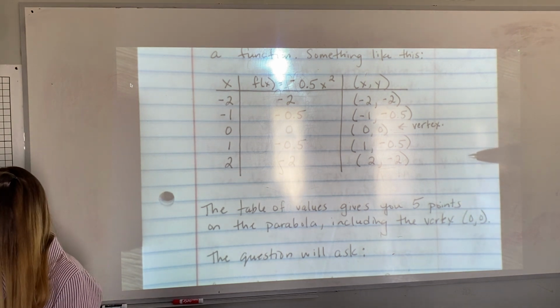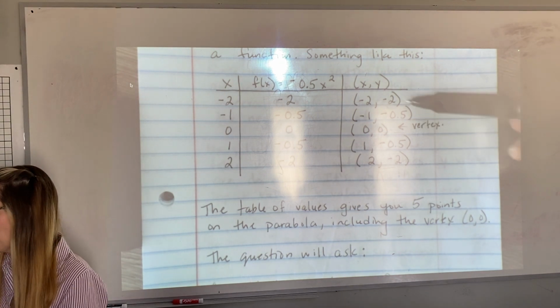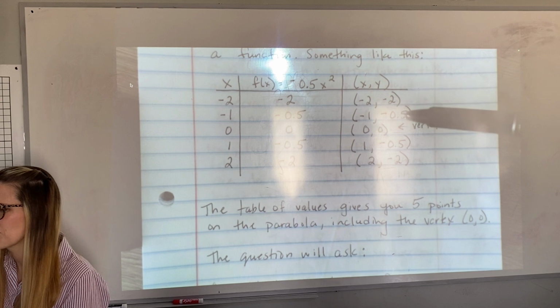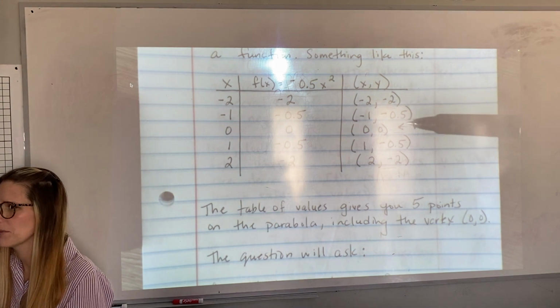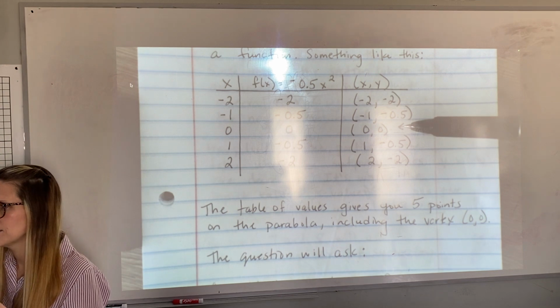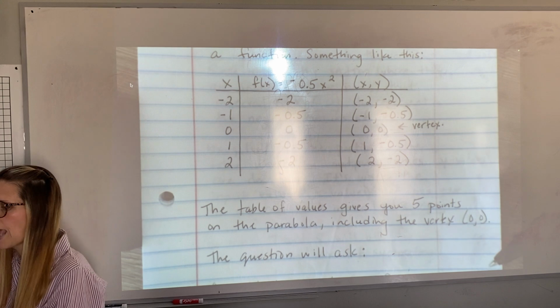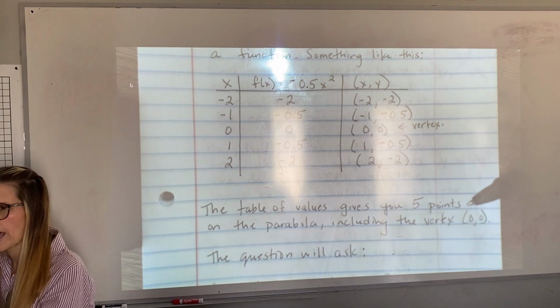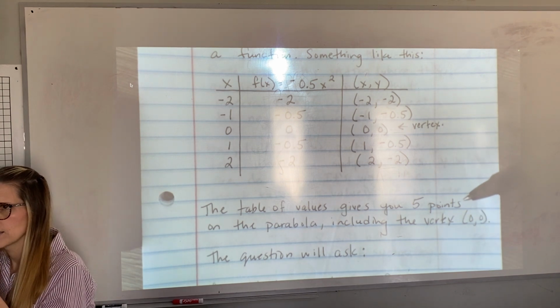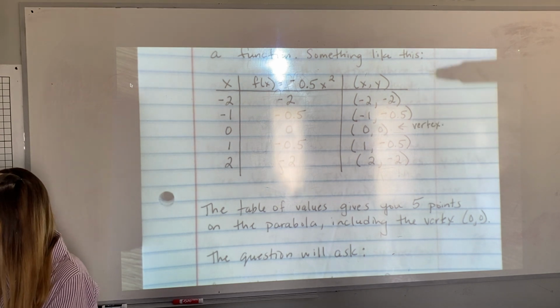It's also very tricky because I wish I could have used an easier example of this, but I wanted to give you an example of a table of values, something that you will see, because the table of values is going to give you negative numbers and decimals. So we really have to analyze the numbers and see, okay, are these numbers increasing towards a 0 or decreasing?